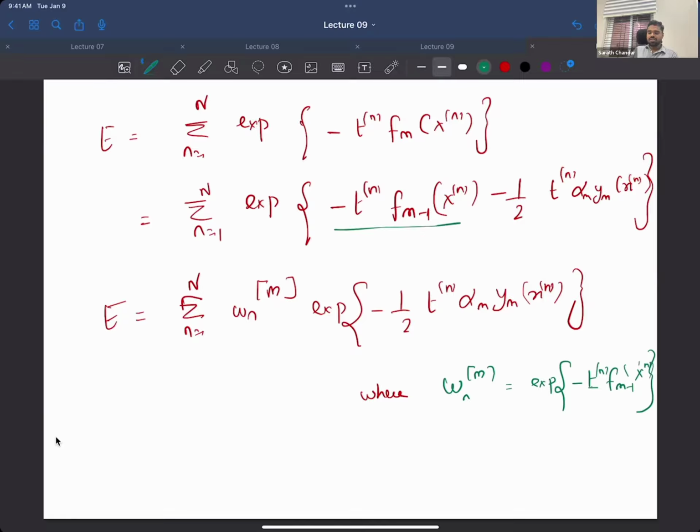I'm just giving a name to this thing because when I'm minimizing with respect to the mth classifier, I don't need to touch this part. Is that clear? Any questions so far?